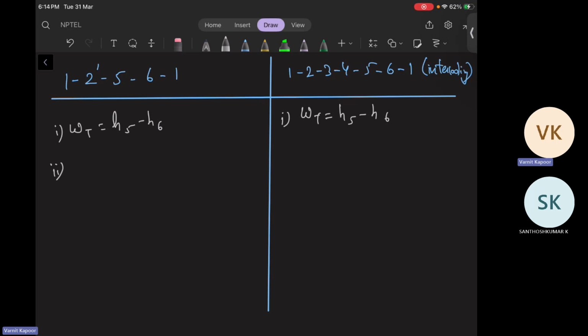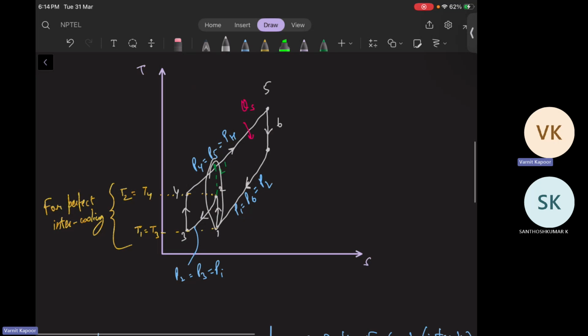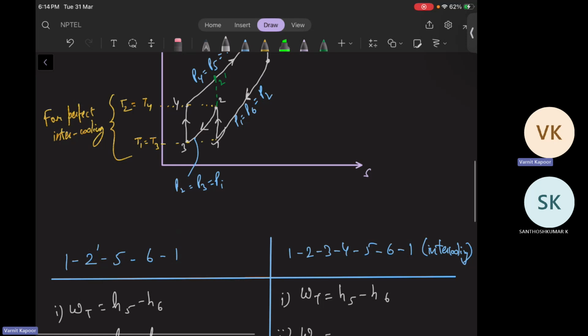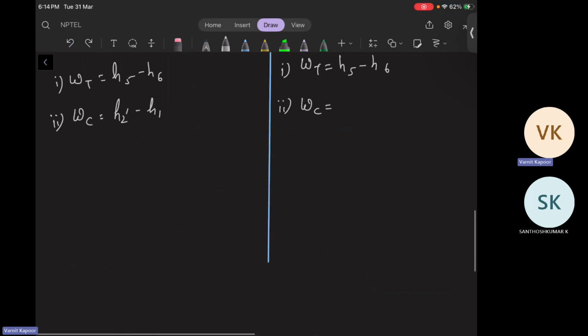Second, the work by the compressor originally would have been H2 dash minus H1. But here, the work by the compressor is now 1 to 2 and 3 to 4 because two compressors are there: H2 minus H1 plus H4 minus H3.